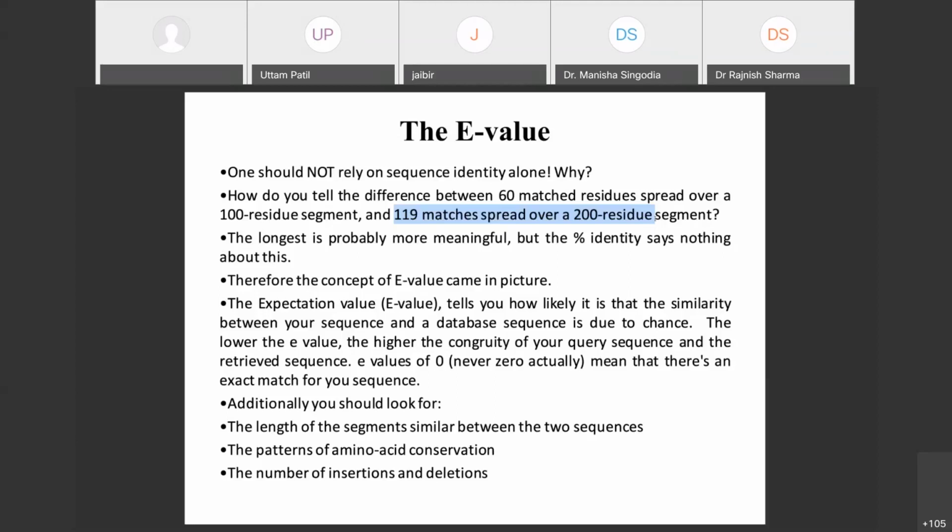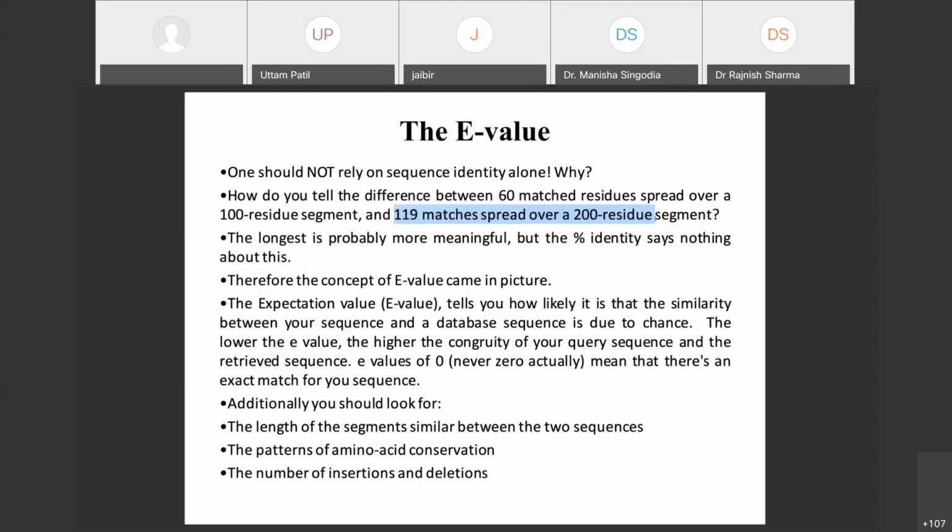The lower the e-value, if it is coming closer to 0, then you can say yes, I am 100% sure that my sequence is similar to the other sequence. A value going close to 0 means that there is an exact match for your sequence in a given database.